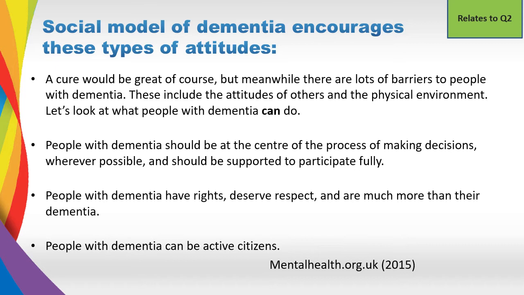And of course, people with dementia can be active citizens as well. So we're not looking at trying to institutionalise somebody by getting them to stay in a hospital where they could hopefully be cured through lots of different drug trials. Instead, we're going to let them play out whatever years they've got left and focus on what they can still do for themselves.